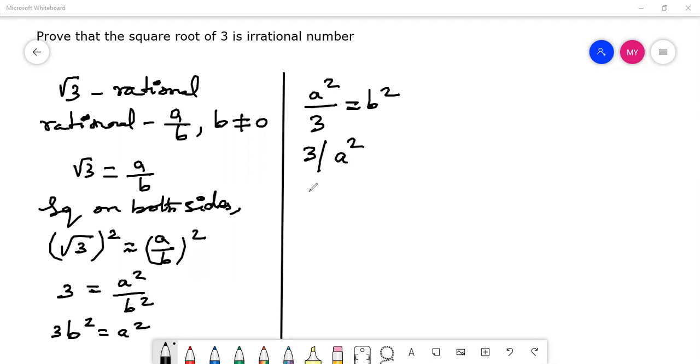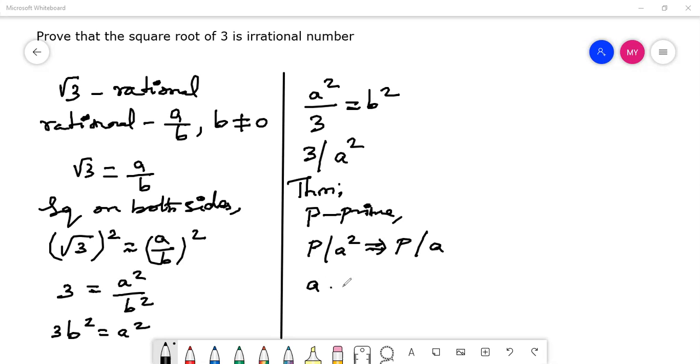And then there is a theorem which states that if p is a prime number and if p divides a square, then p also divides a, where a is any positive number. This is a theorem: if p is a prime number and p divides a square, then we can say that p also divides a.